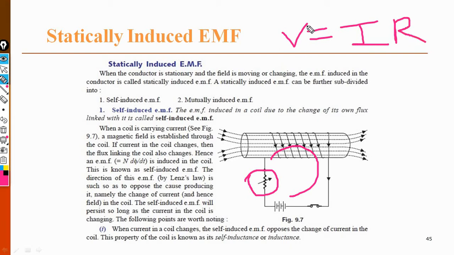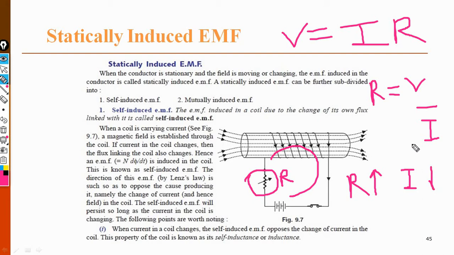Voltage is directly proportional to the current, with resistance connected. Then resistance is equal to V upon I. When the value of resistance increases, the current decreases, because both are inversely proportional to each other.